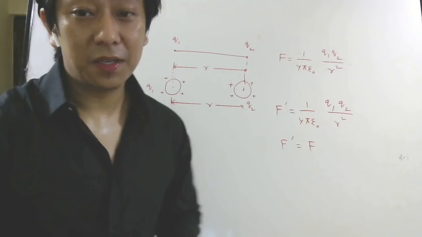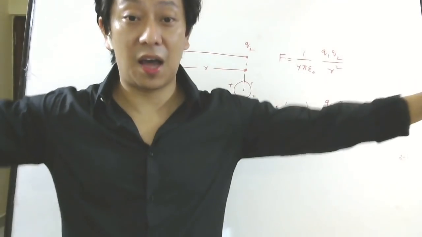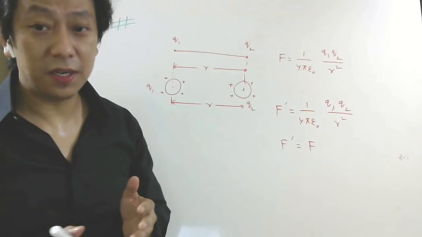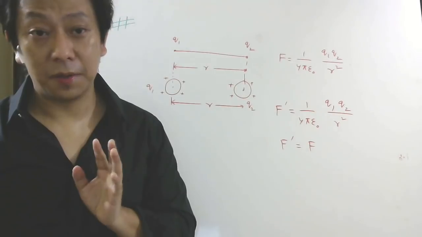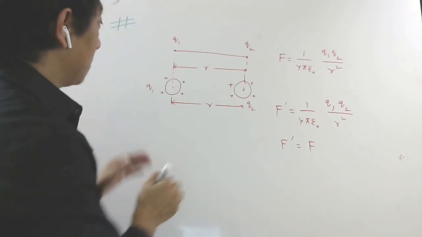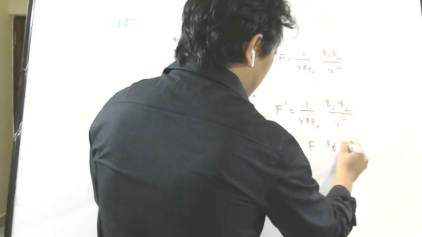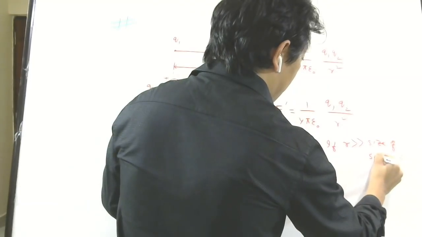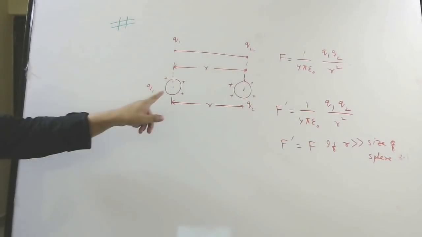But students, this is only true when the two spheres are very far. If they are very far, then you can consider the charges to be concentrated at their centers. This is only true if r is very large compared to the size of the sphere, or you can say the spheres are very, very small.